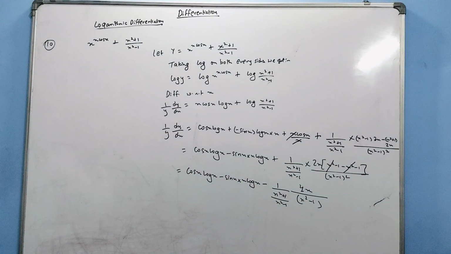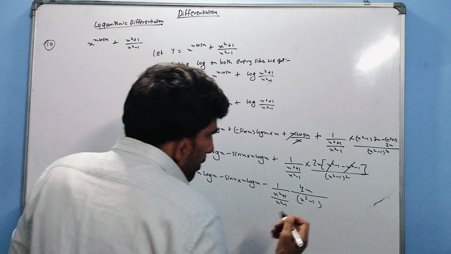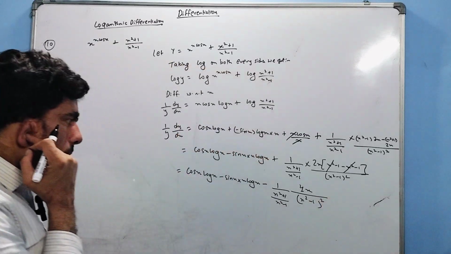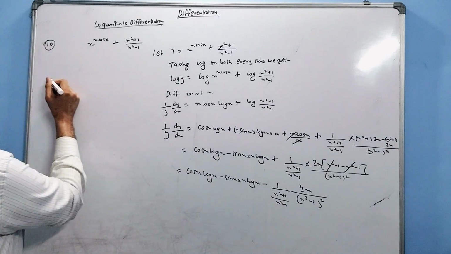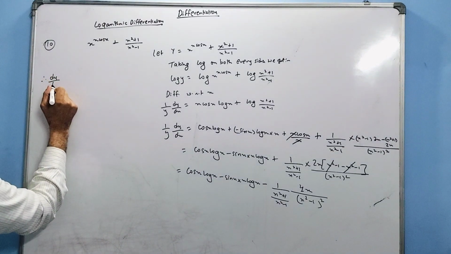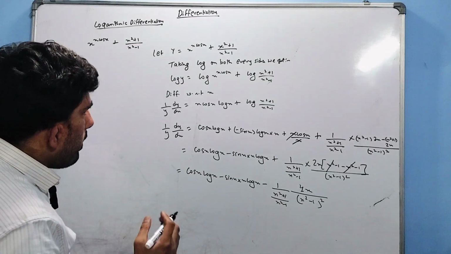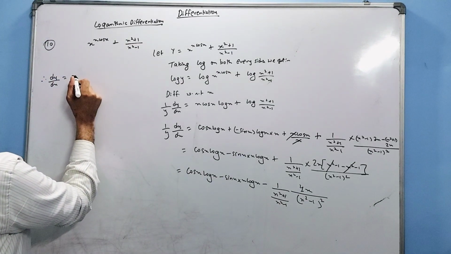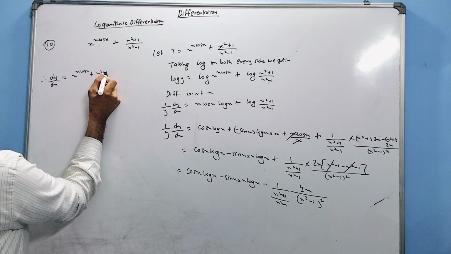Now what I can do here, in a very simple way, we have this squared. So if I put this in, therefore dy upon dx will be y. What is y? y is x to the power x cos x plus 1 upon x square minus 1.